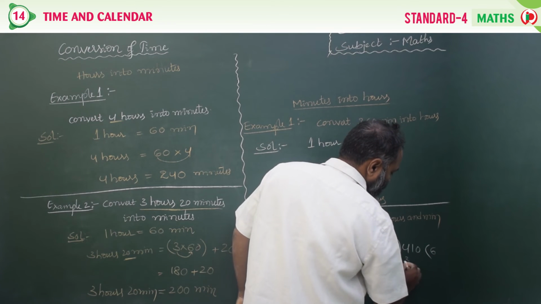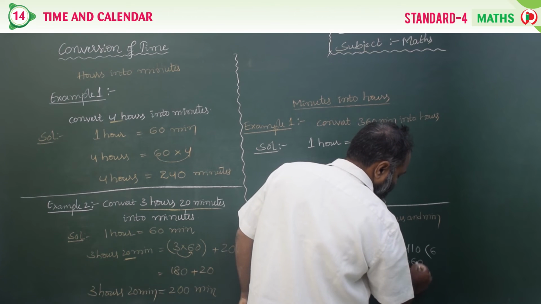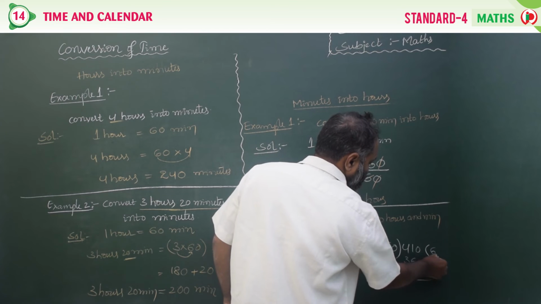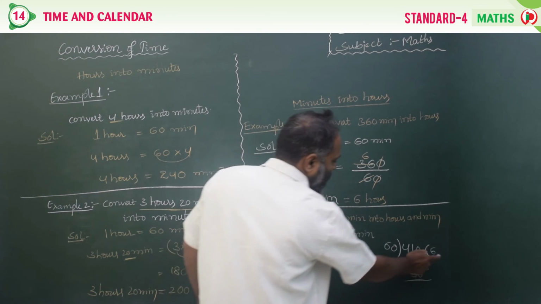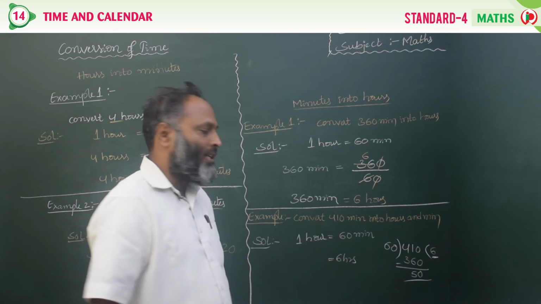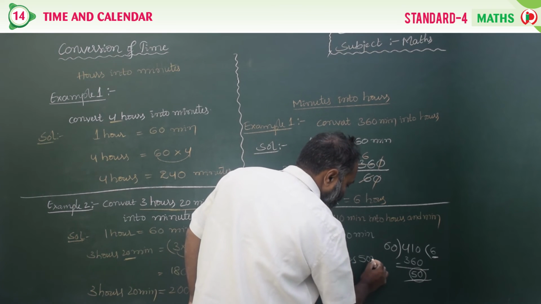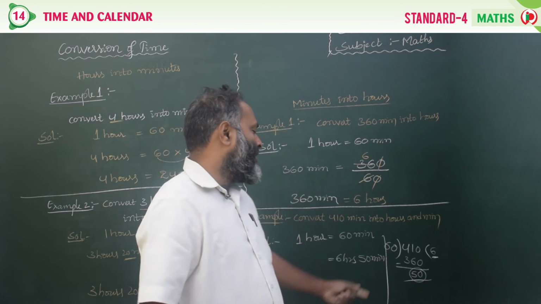6 sixes are 360. Then minus: here 0, here 5, 50. It means this is 6 hours. The quotient represents hours, and the remainder represents minutes, 50 minutes. So in this way we decide: first we divide by 60.